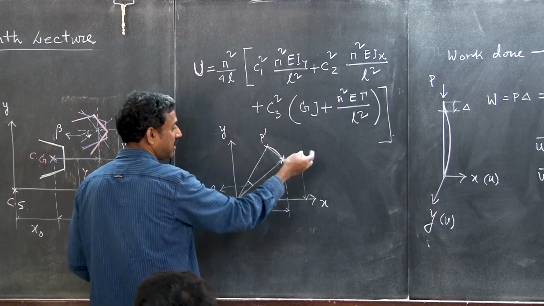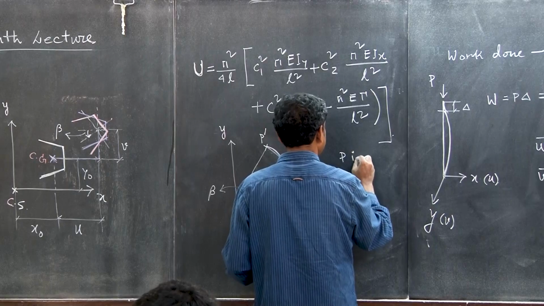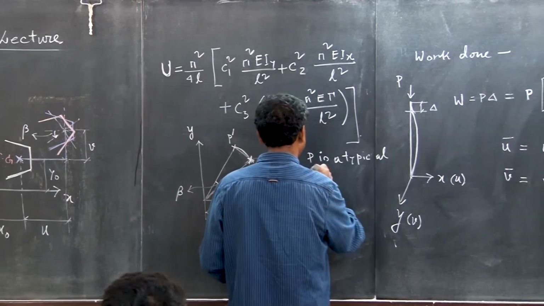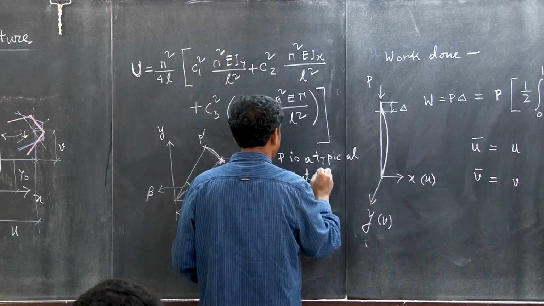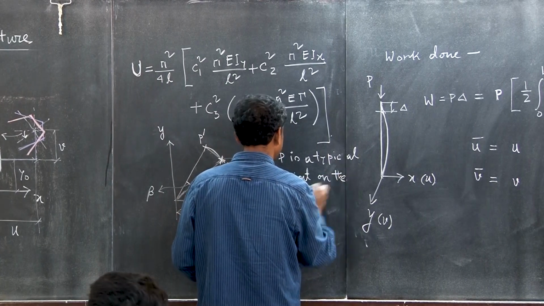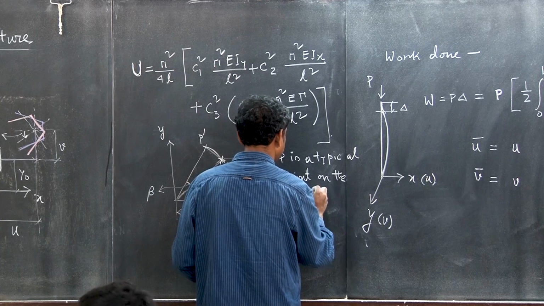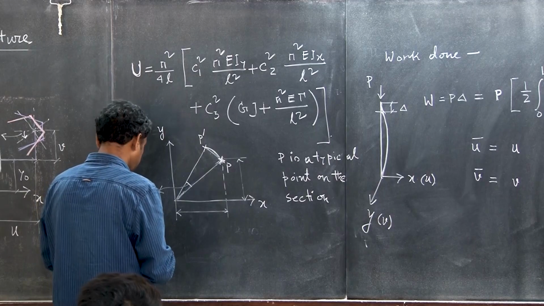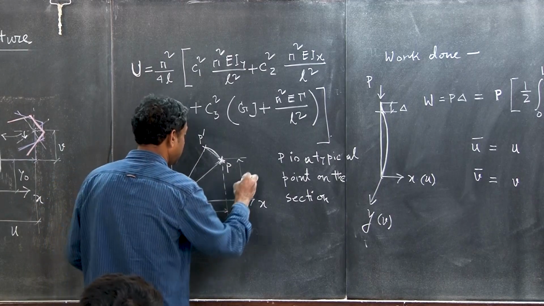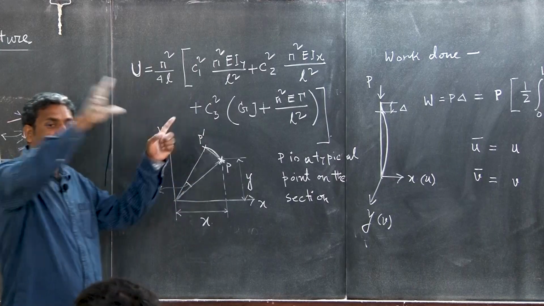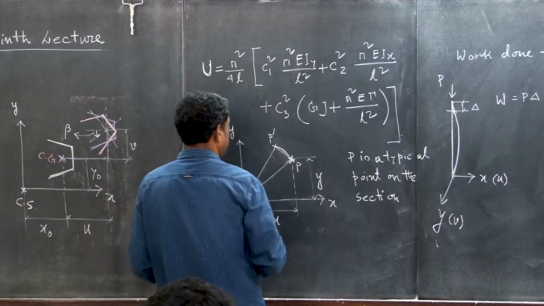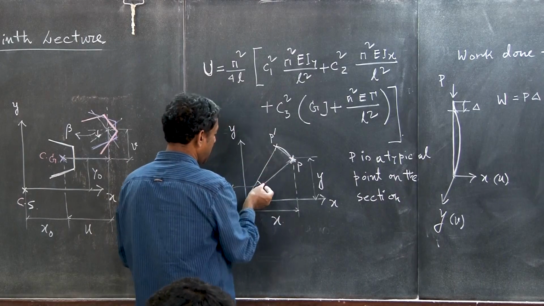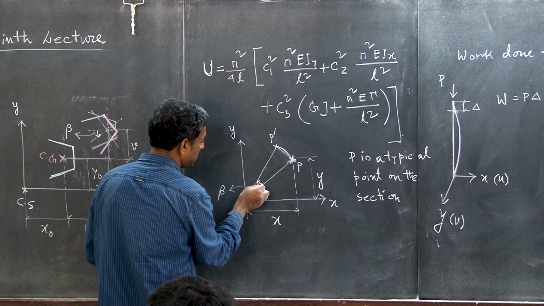P is a typical point on the cross section, so there will be a set of x and y, right. Now P is moving to P dot, and this is because of the anticlockwise rotation beta.